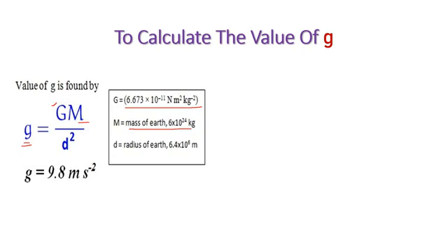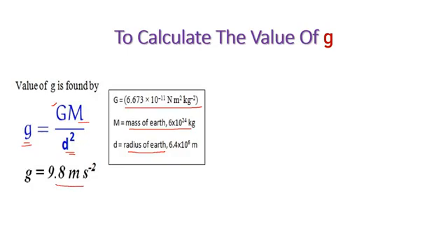The mass of the earth is 6 into 10 to the power 24 kg, and d is the radius of the earth, 6.4 into 10 to the power 6 meter. If you substitute all these values in this formula, you will get g as 9.8 meter per second square.